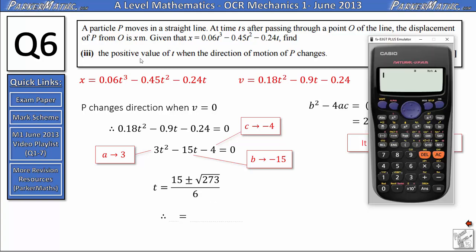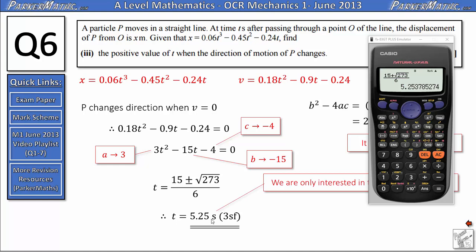And if we look at the question, we're only interested in the positive value of t. The square root of 273 is going to be 16.5 something. So if we did 15 minus the square root of 273 and divided by 6, we'd end up with a negative answer. So we're only interested in 15 plus root 273 divided by 6. And that gives us 5.25 if we round to 3 significant figures.